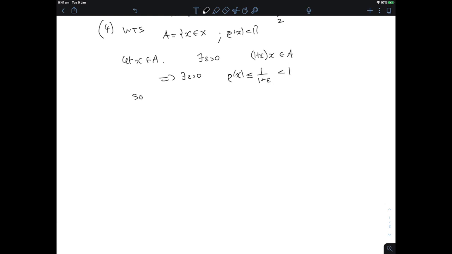So A has to be included in the set of all x's such that rho of x is smaller than 1. Now what about the other inclusion?